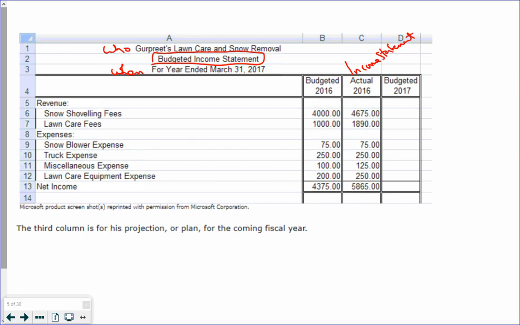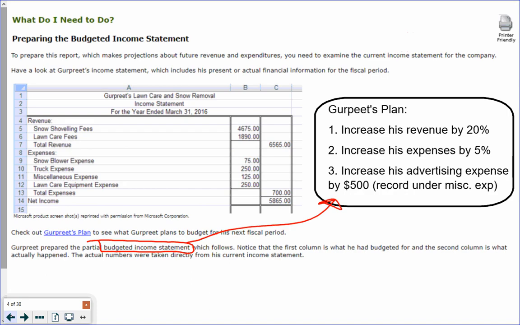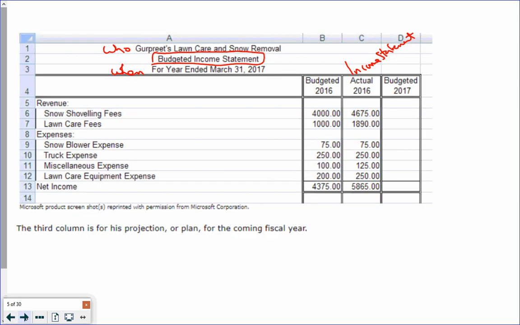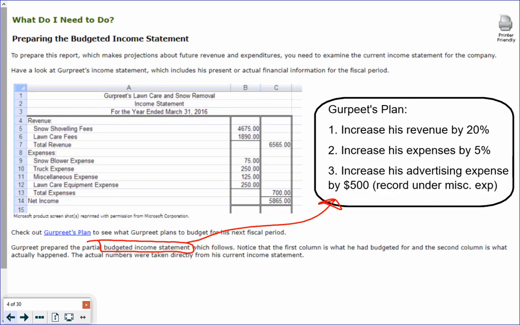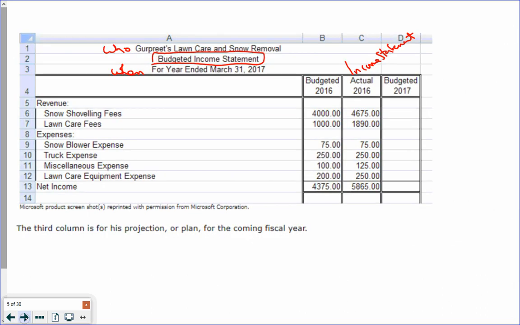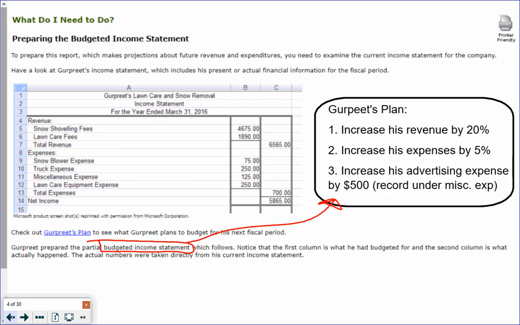So these numbers here are off of here. Okay? So the actual numbers are the ones that I copied from here. Okay? So for the budget, we are going to use these numbers right here.